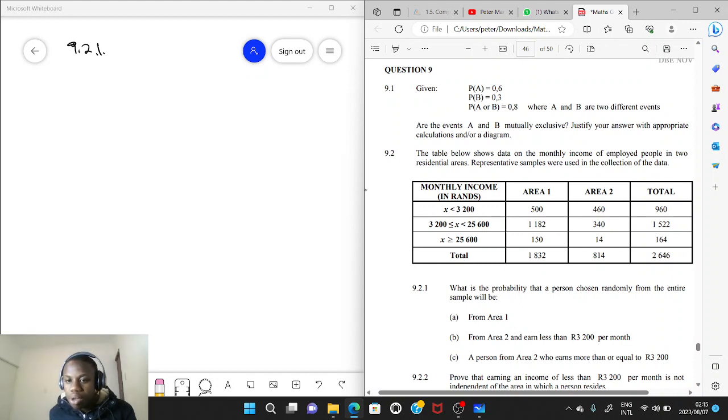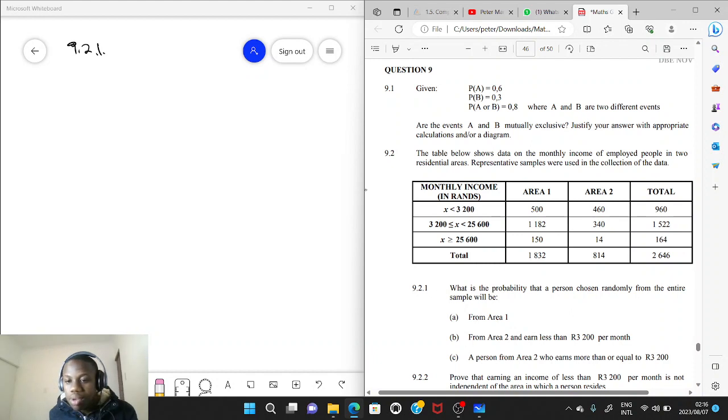This is the entire block for area 1. They never said whether they earn this amount or that amount. They simply want the probability of the people staying in area 1, and the total number of people staying in area 1 is this value.